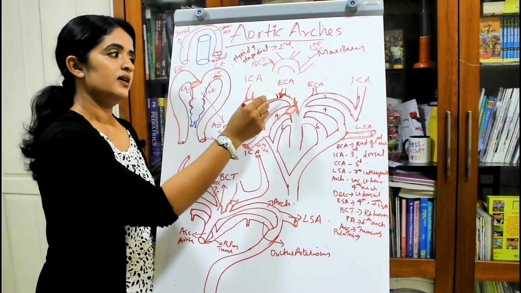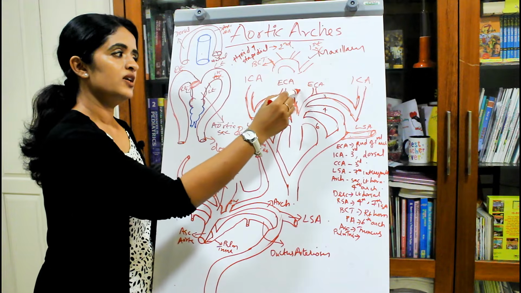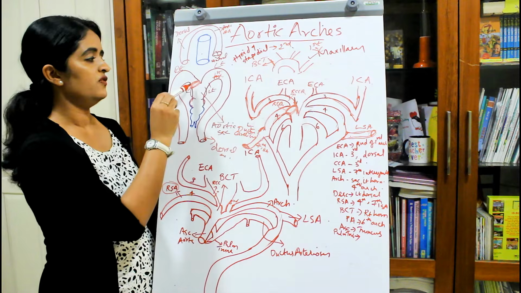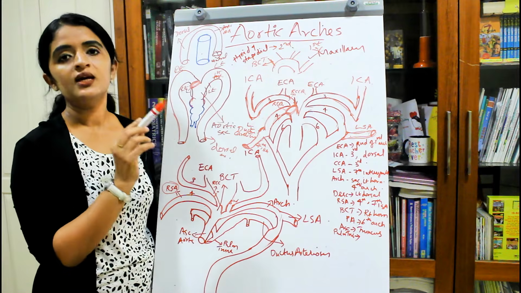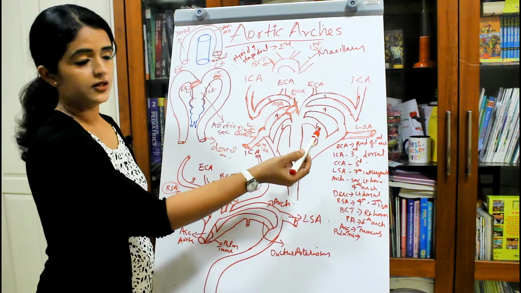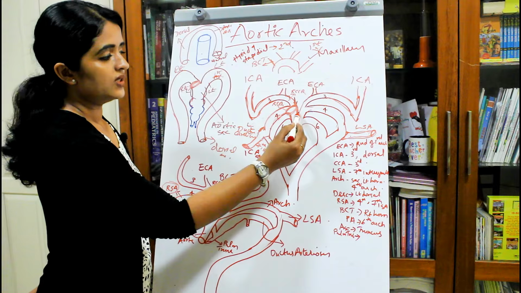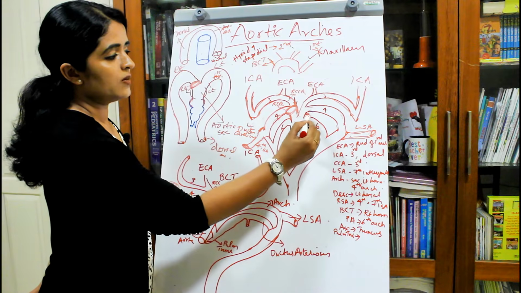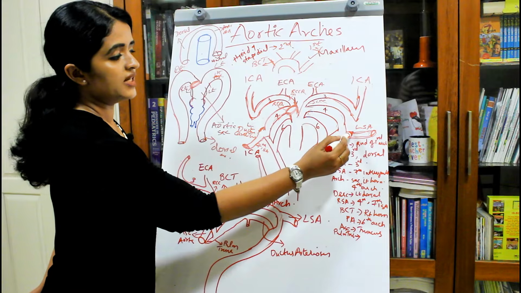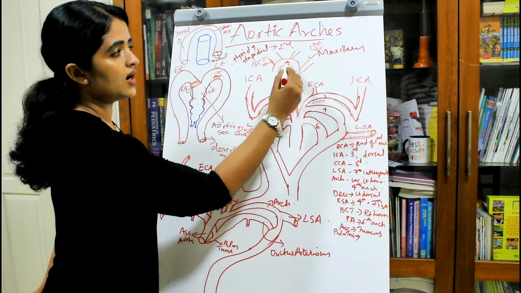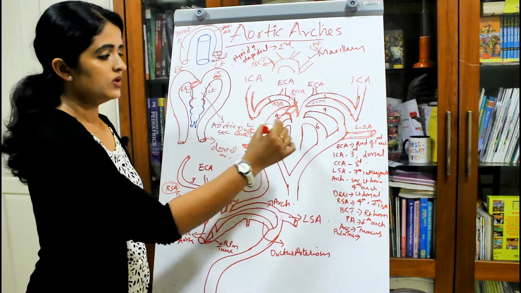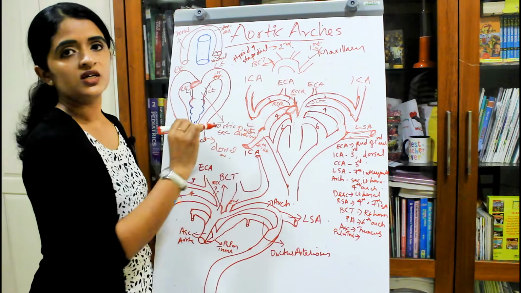The right common carotid artery and right subclavian artery are coming from this right horn, that is the brachiocephalic trunk on the right side. So what about the left side? On the left side, this is the left common carotid, this is the left subclavian. So these two are actually coming from where? The arch of aorta.